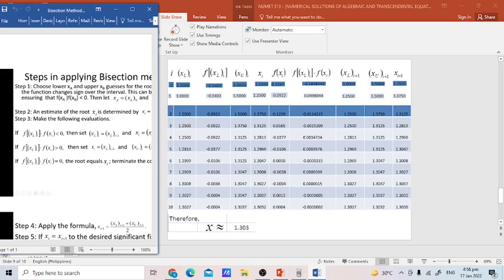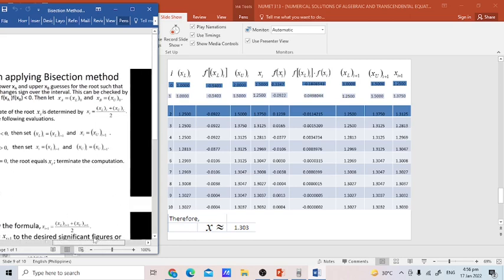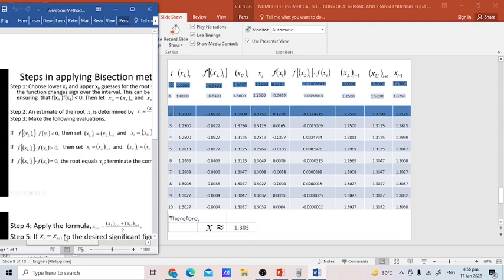O nag-approach ng 0 habang dumadami yung iteration. Di ba? Nag-approach ng 0. O pagka ganon, the root equals x sub i, terminate the computation. Stop ka na nun. So, therefore, x is approximately equal to 1.303. Okay?